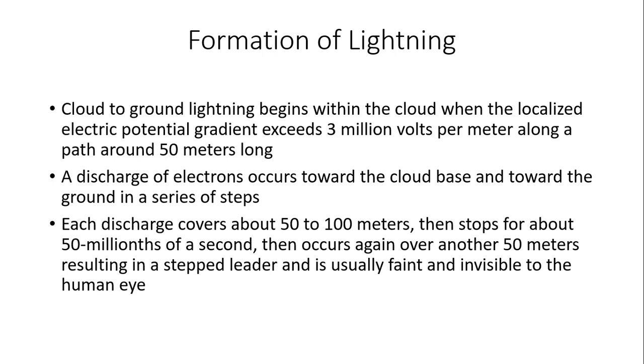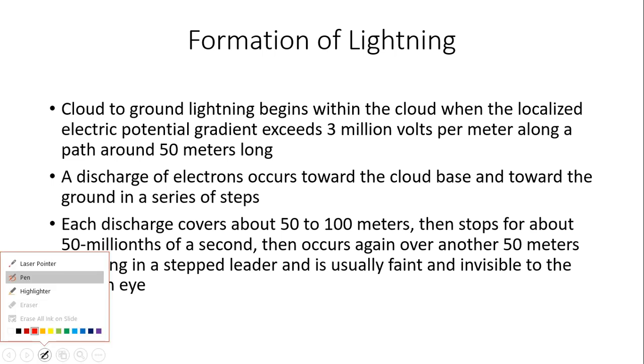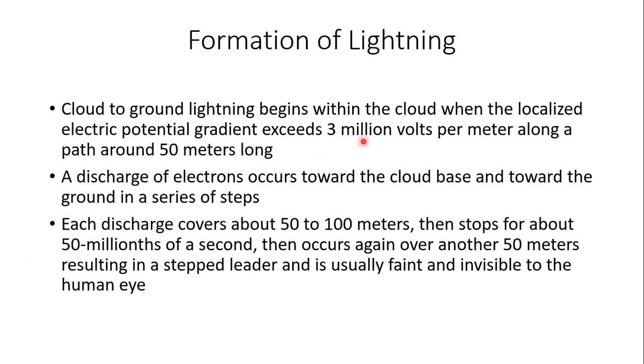Cloud-to-ground lightning begins within the cloud when the localized electric potential gradient exceeds 3 million volts per meter along a path around 50 meters long. So now I'm breaking down the exact electrostatic potential necessary for cloud-to-ground lightning. A discharge of electrons occurs toward the cloud base and toward the ground in a series of steps.